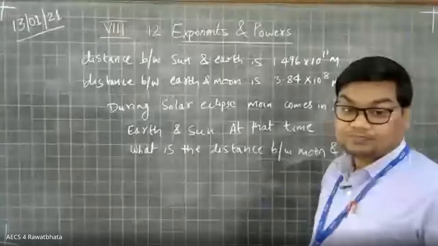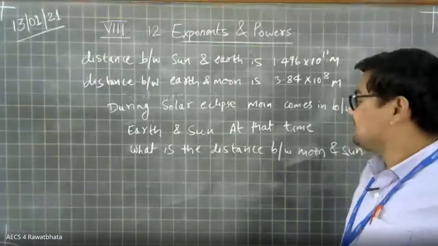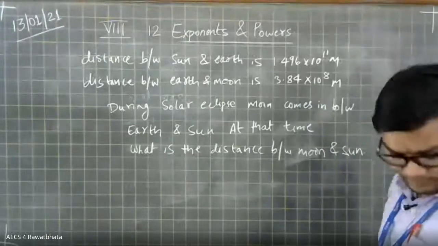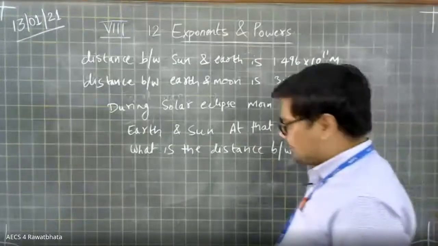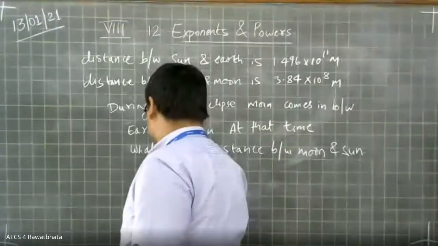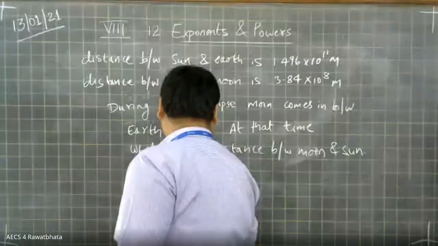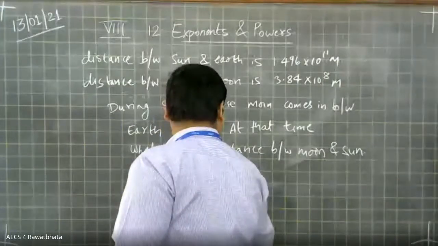Okay, so 1492. Suppose this is Earth, Moon is in between, and Sun is here.